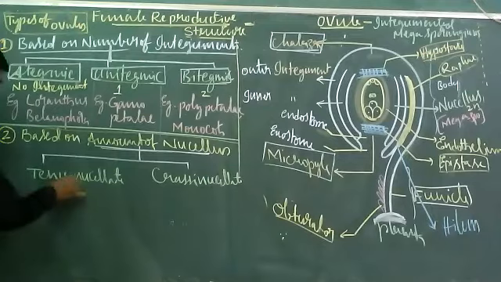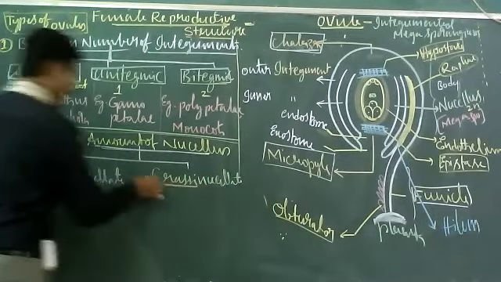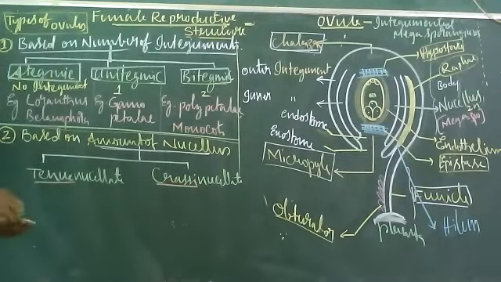Two types are there. So, what is this tenuinucellate?